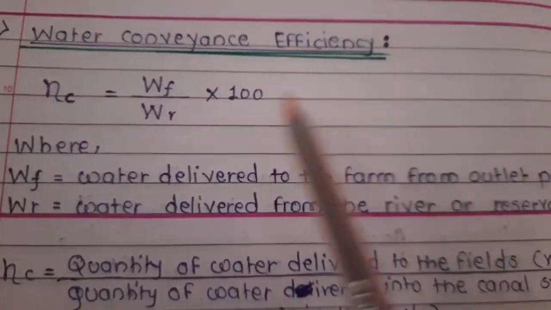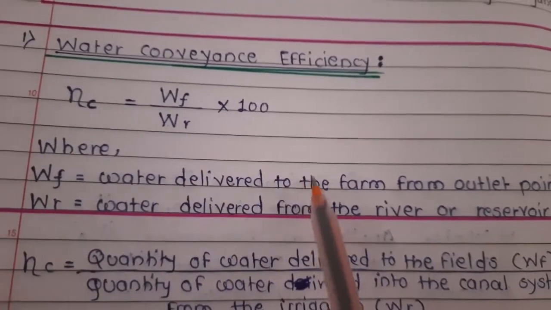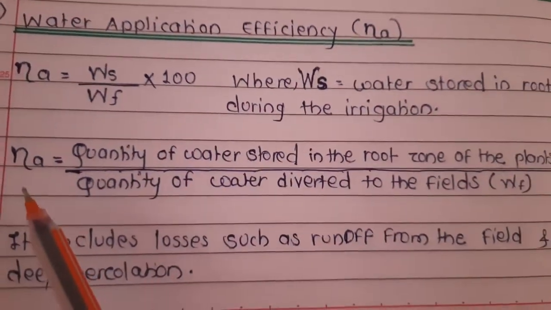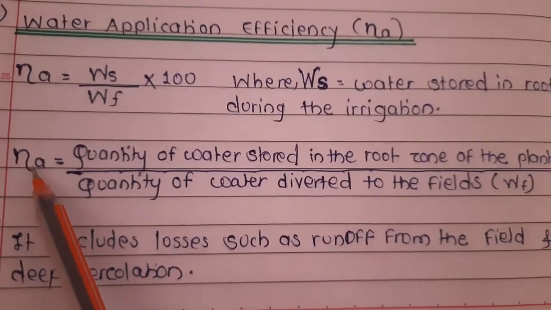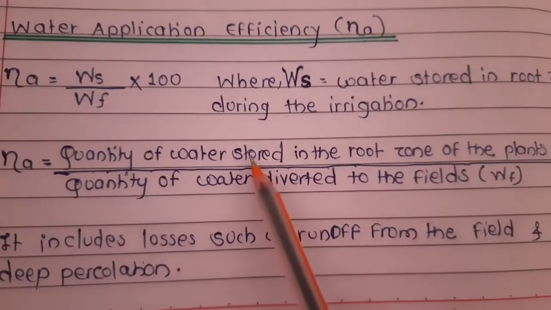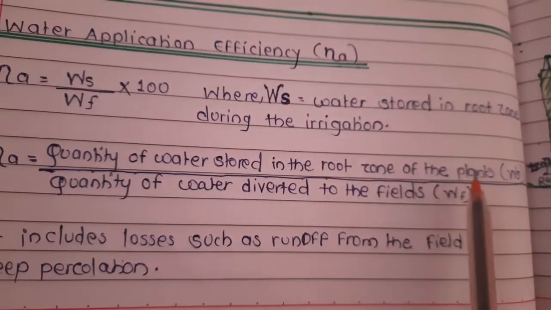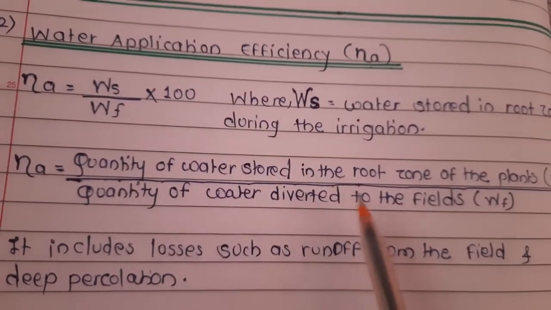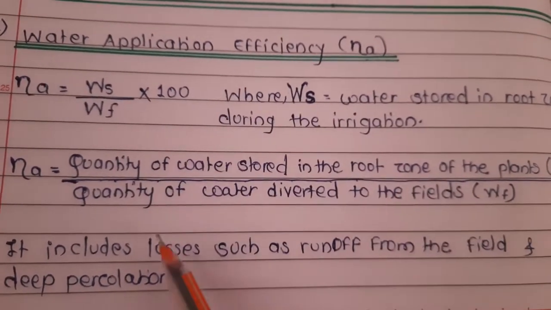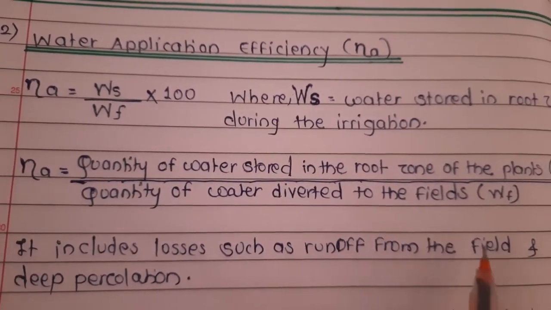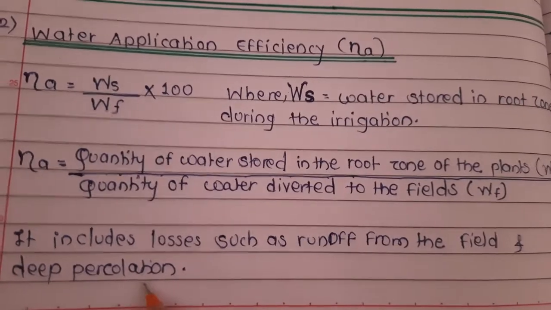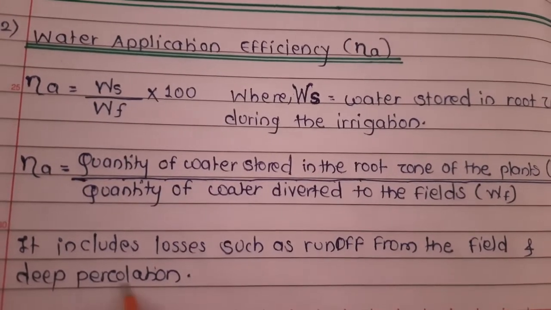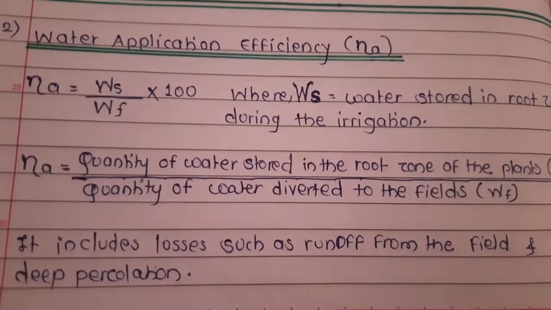In other words, eta A is the quantity of water stored in the root zone of the plants upon quantity of water diverted to the field. It includes losses such as runoff from the field and deep percolation. These two losses are important for water application efficiency: deep percolation loss and runoff loss.